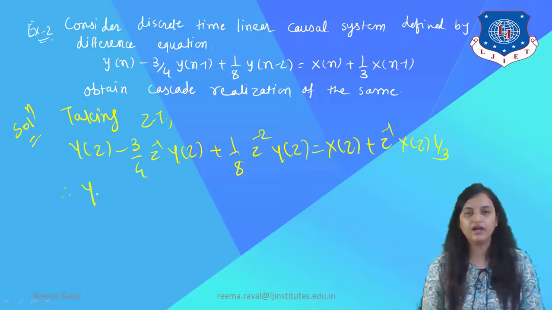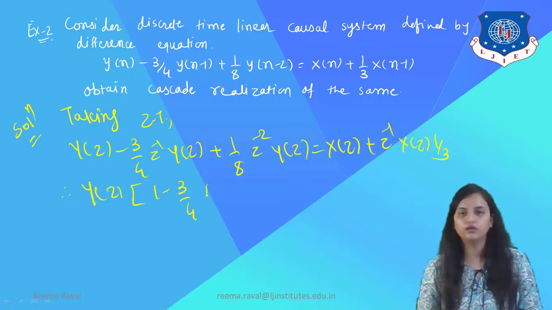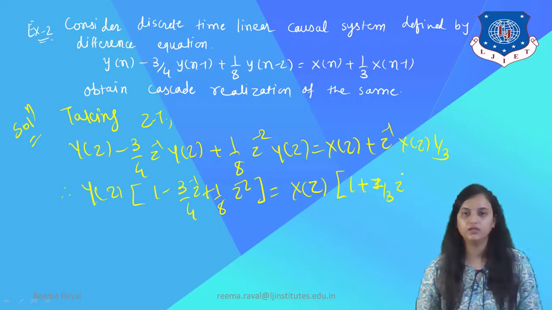Right? We will take Y of z as common, that will give 1 minus 3 by 4 z raised to minus 1 plus 1 by 8 z raised to minus 2, that is equal to X of z as common. So here we will have 1 plus 1 by 3 z raised to minus 1.